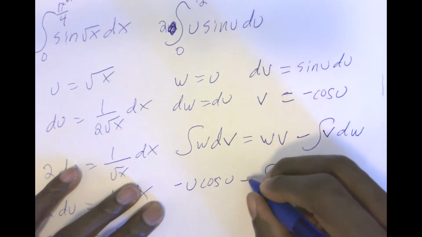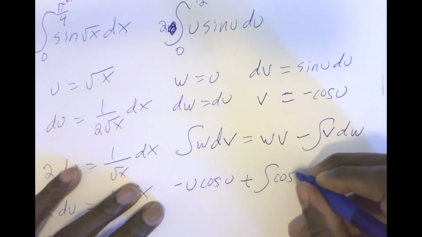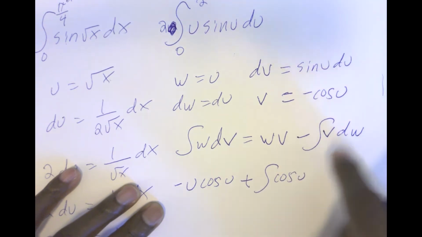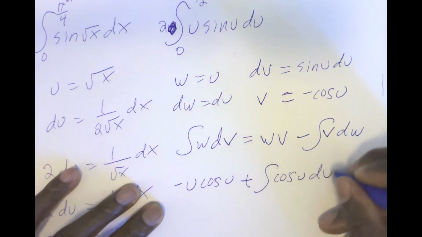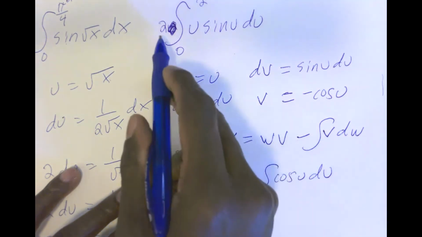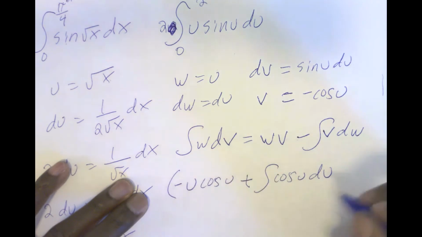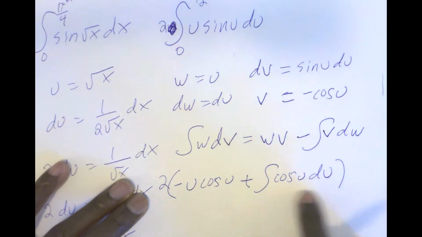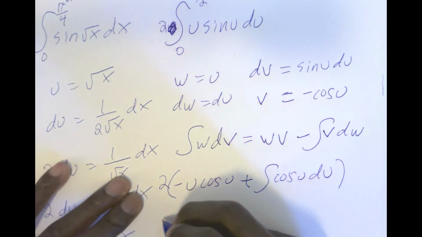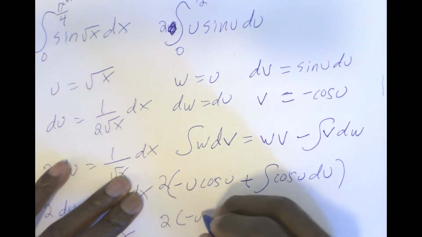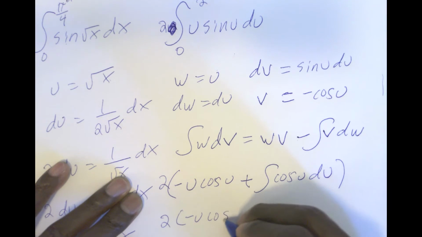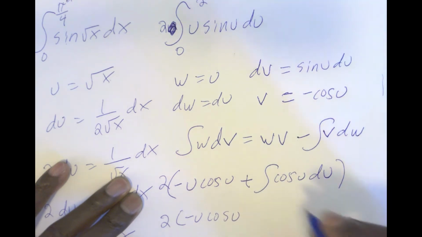V is negative cosine, so plus cosine u, and dw is du. All of this is being multiplied by 2. The integral of cosine u is sine u. So this is 2 times negative u cosine u plus sine u.